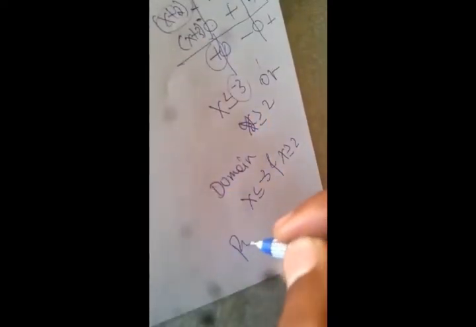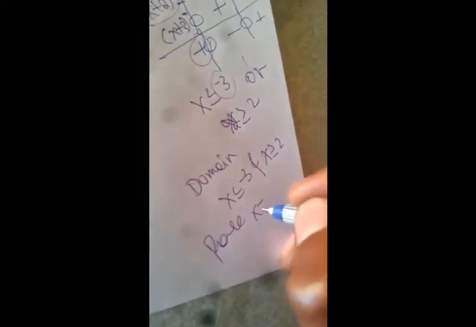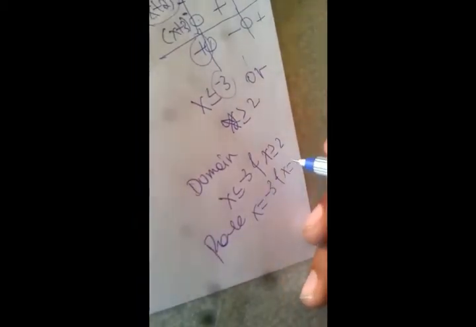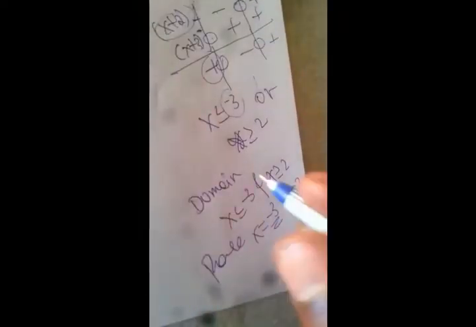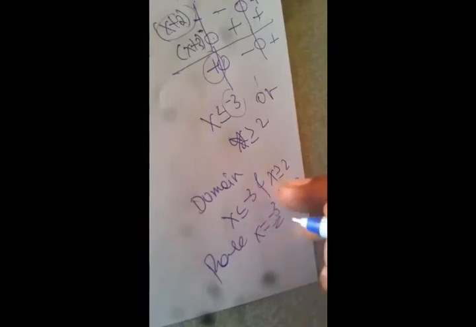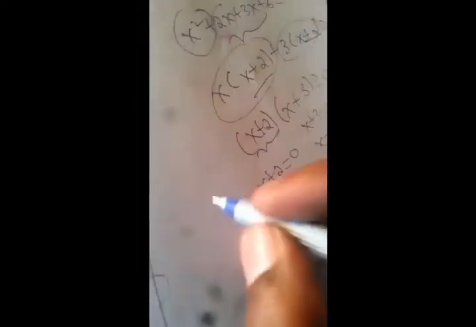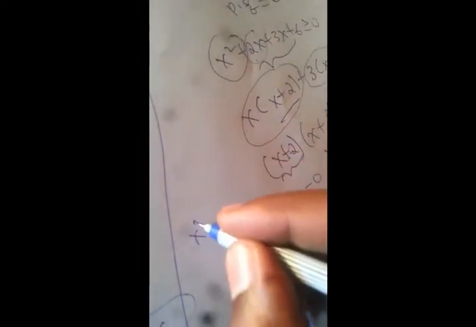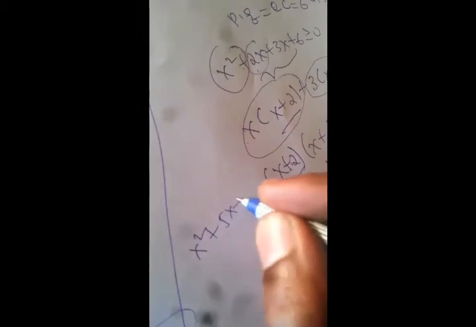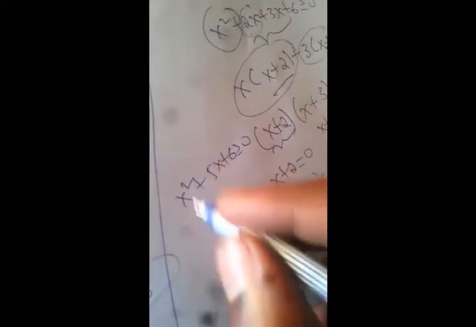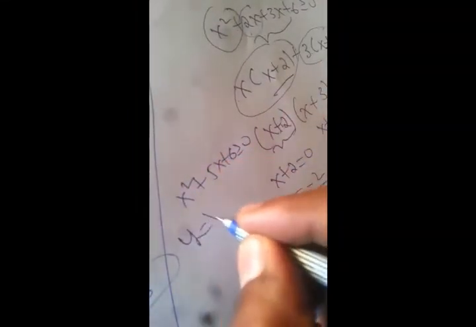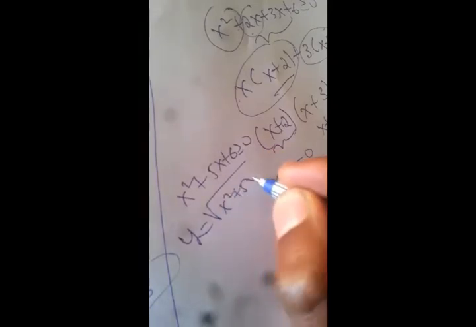Therefore to find the range, we will take the smallest values, x equals minus 3 and x equals 2. Our equation is y equals the square root of x squared plus 5x plus 6.